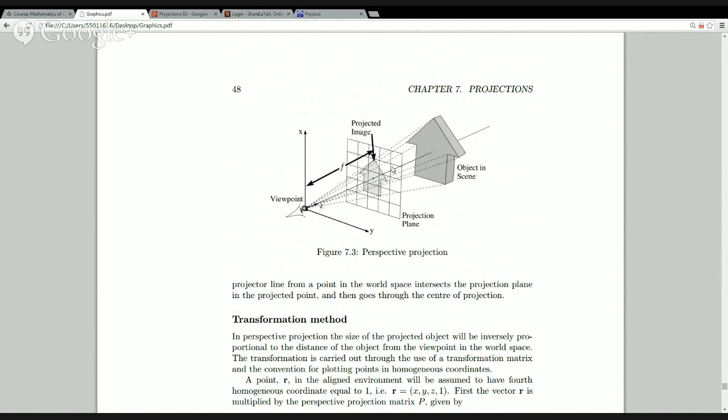So the points in the projected image of the house all have z-coordinate f, as they should, because they're all living on this plane located at z equals f.